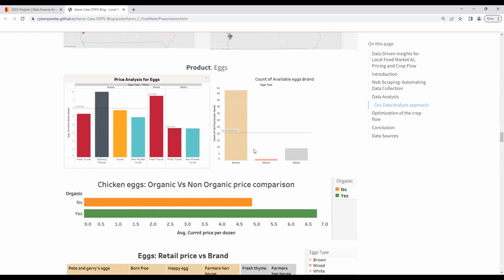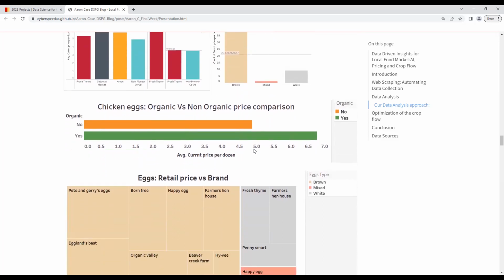Now, when we come to the count of available egg brands, we can clearly see most of the brands in the market prefer to sell brown eggs. We cannot guarantee it, but this somewhat shows that brown eggs are more popular, and that is why sellers are selling more brown eggs in their stores.